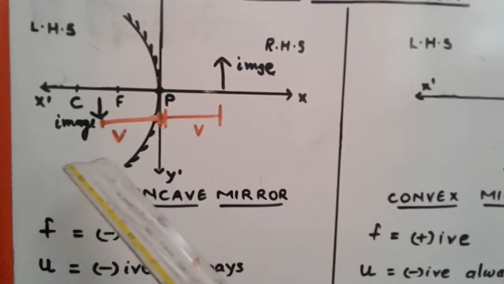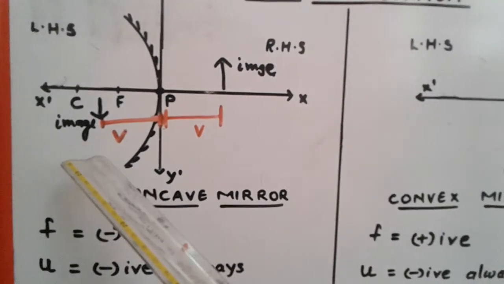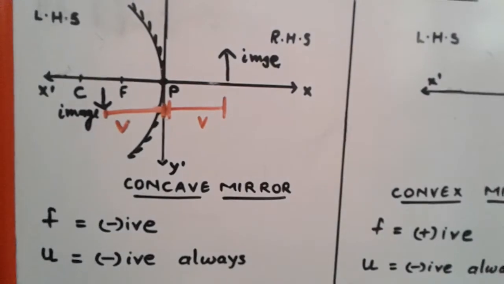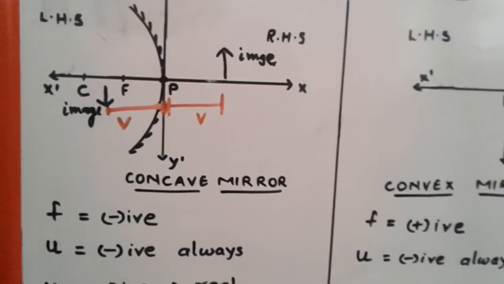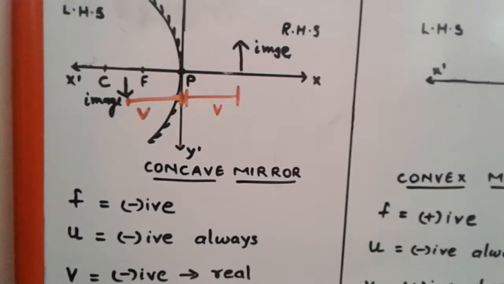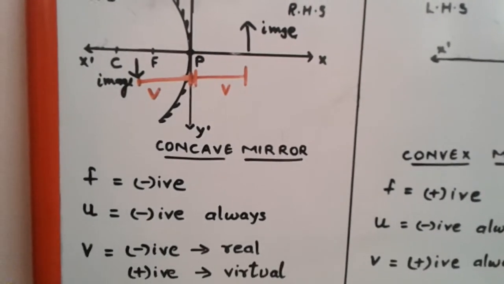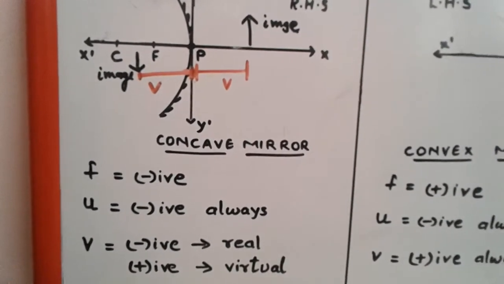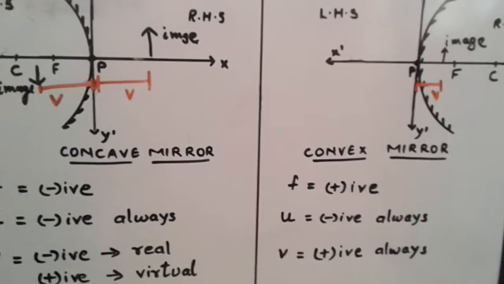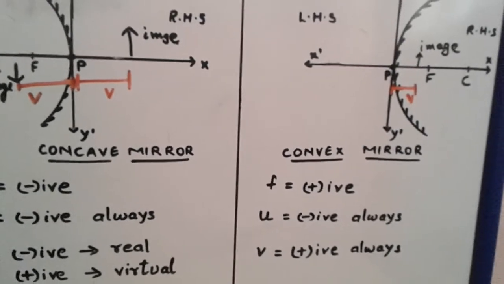Now in this case you can see that v is falling on the negative x-axis, and here the image is inverted. That means it is real. So the value of v is taken as negative when the image is real, and positive when the image is virtual. But for the convex mirror, the value is always positive.